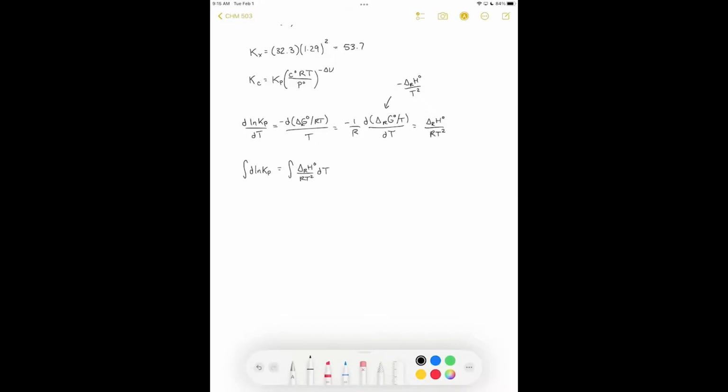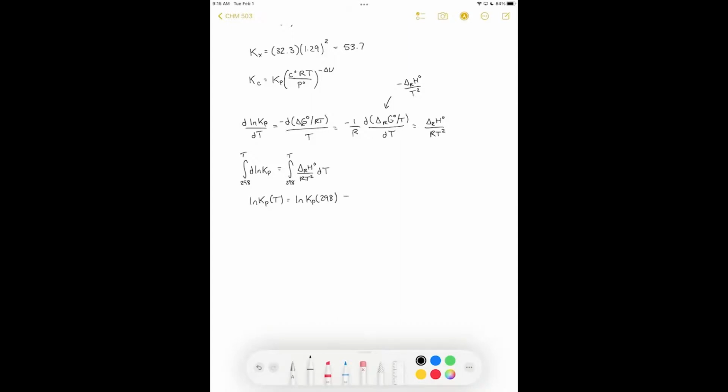And what we get when we do this integral is that the natural log of the equilibrium constant at some new temperature T is equal to the natural log of the equilibrium constant under standard conditions, so at 298, because we're integrating from 298 to some new temperature T.